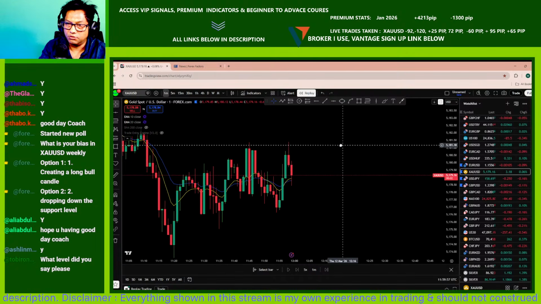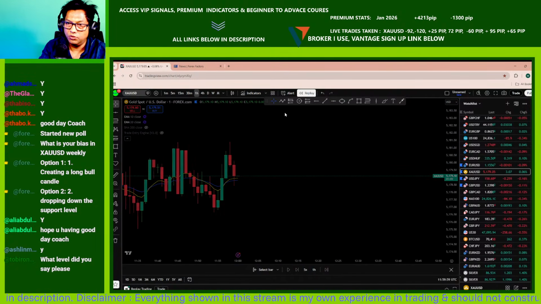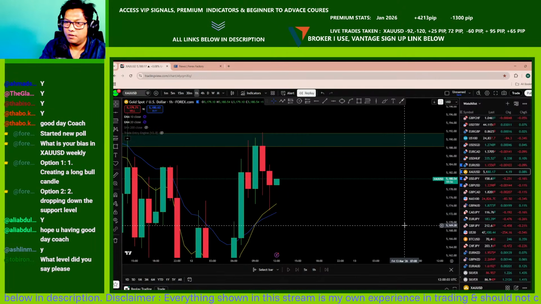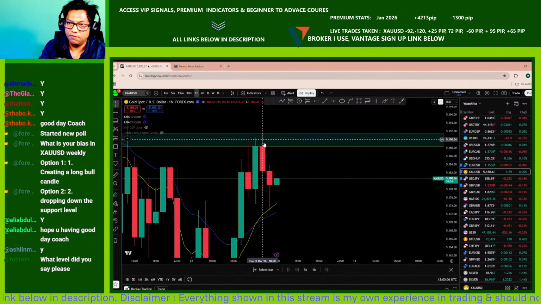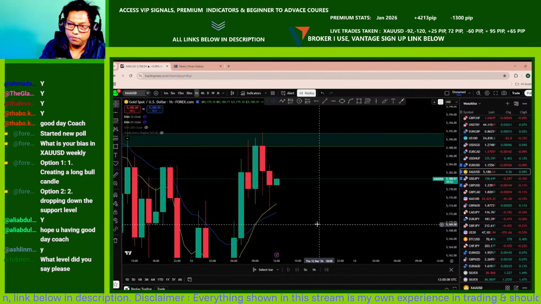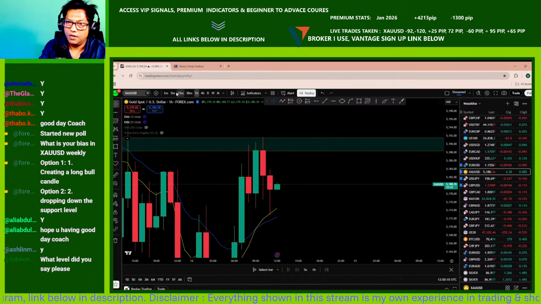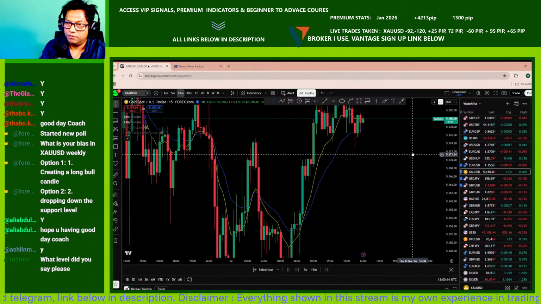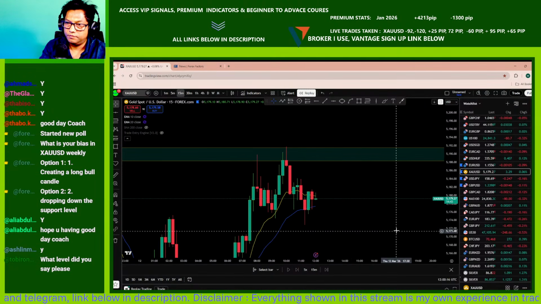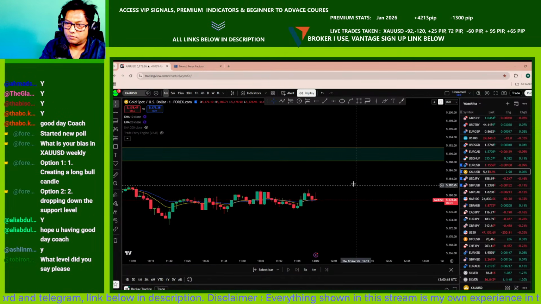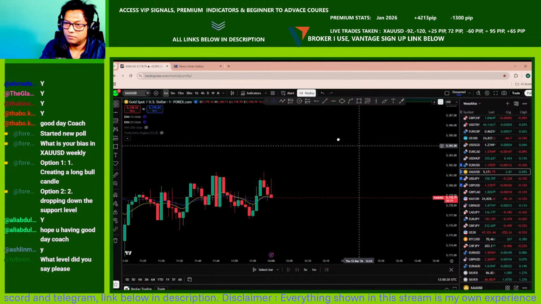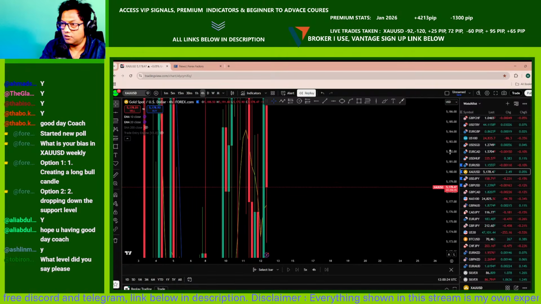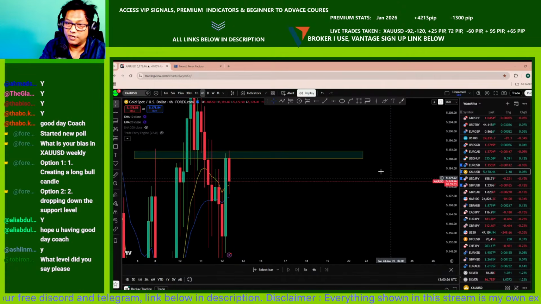We saw there was a rejection of this zone from the 1 hour candle close. Candle close, guys. So you can see the back-to-back 2 drop, and the 4-hour chart still has 2 hours remaining for the 4-hour candle.